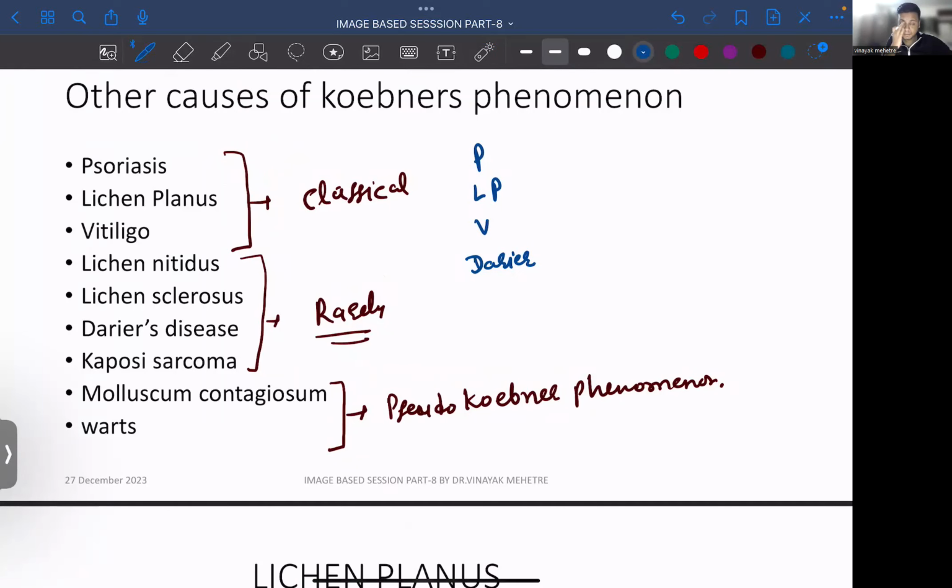A, B, C, D. The answer is the rare disease over here, because in lichen planus we do get Koebner phenomenon, right? It is classically seen in psoriasis, lichen planus, and vitiligo. In which disease are we seeing it rarely? That is the answer. Now comes: Koebner phenomenon is seen in all except.